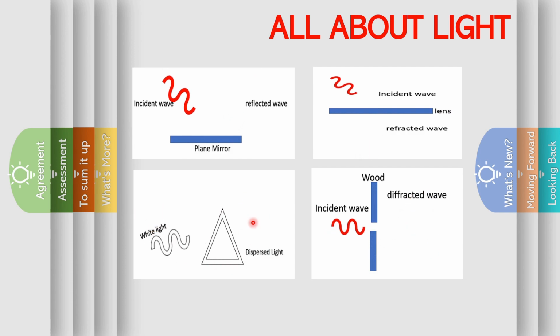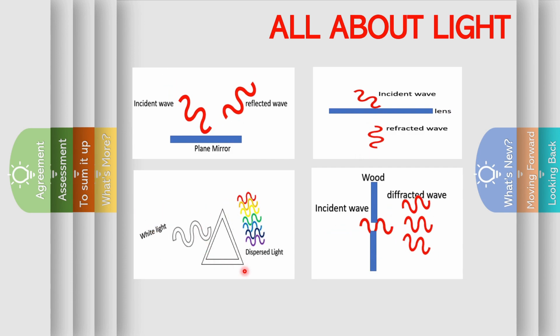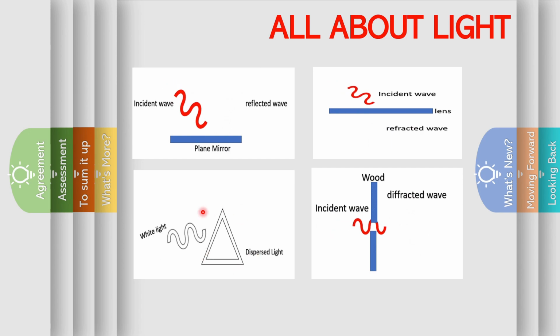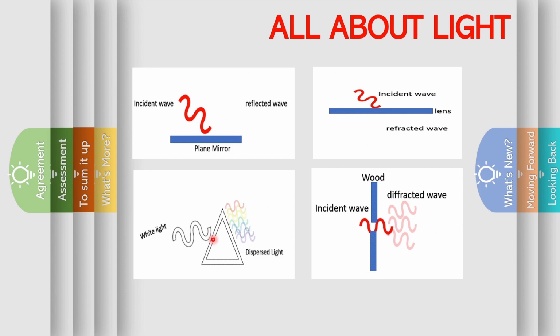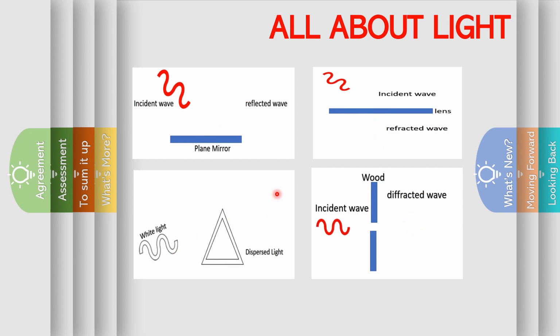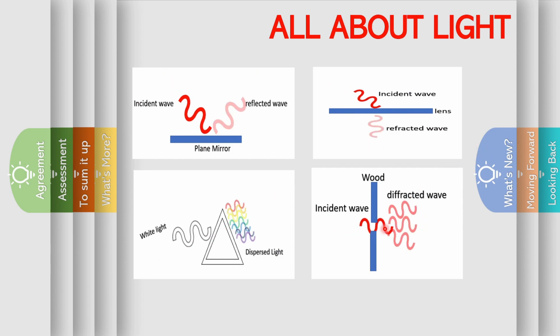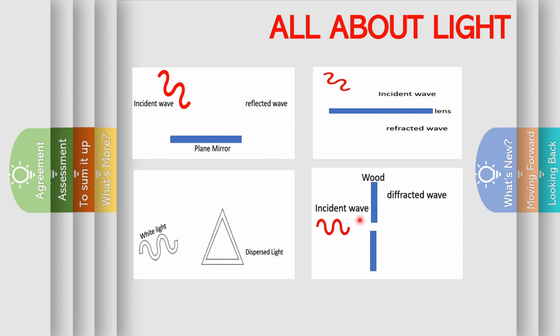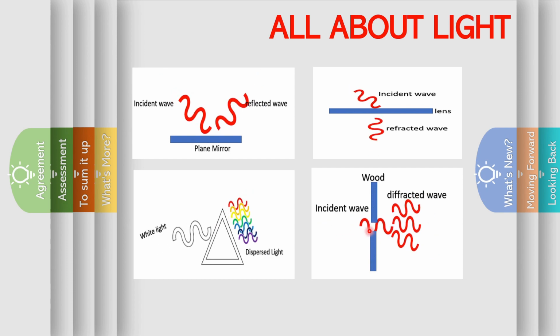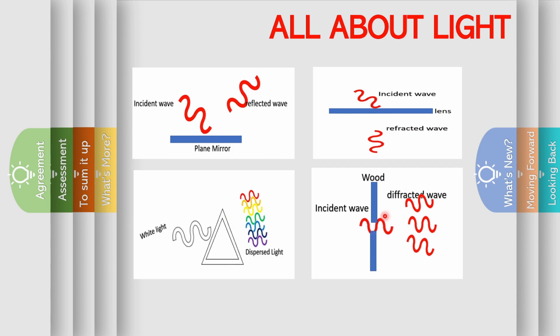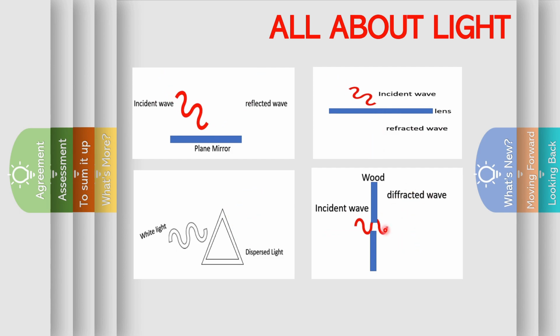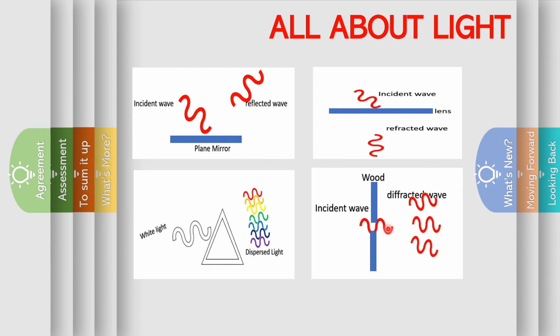Okay? This is naman the dispersion. Pag tumama yung light sa prism, it will split into 7 colors. This is diffraction. When it passes through a slit or butas, naghihiwa-hiwalay yung or kumakalat yung light.